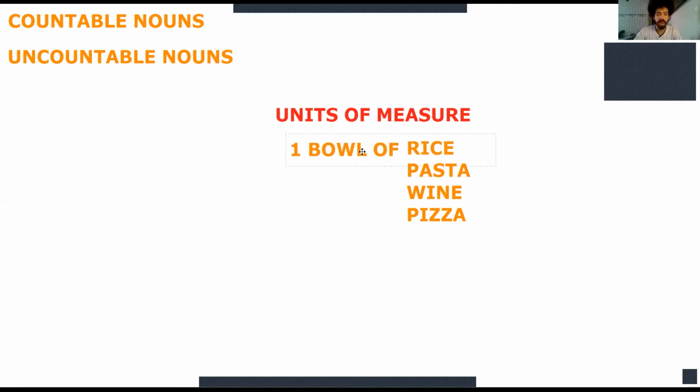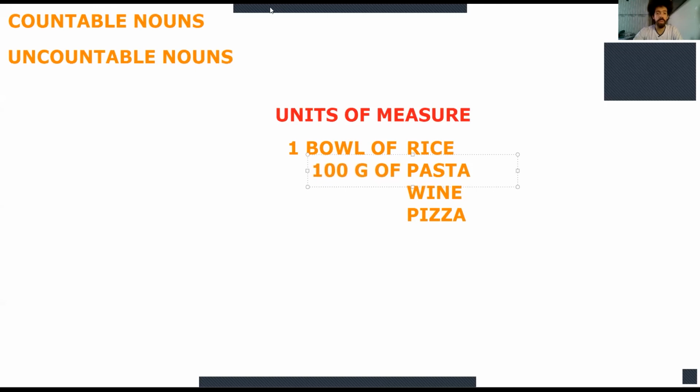This is a unit of measure. If we're gonna cook pasta, normally for 1 person, we're gonna use 100 grams of pasta. This is a unit of measure.